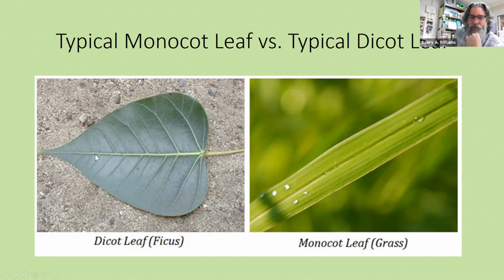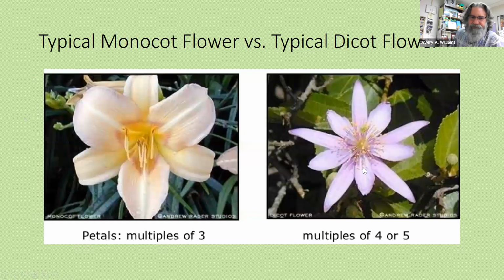And this is what they call a net pattern or a branching pattern, where basically you have a midrib and then leaves with the branching veins and so forth. You don't have that over here. This is kind of a net pattern versus parallel. So kind of standard. So anytime you see an arrangement of the veins like this versus this, it's good indication that you're looking at a dicot leaf versus a monocot leaf. So that's what that is.